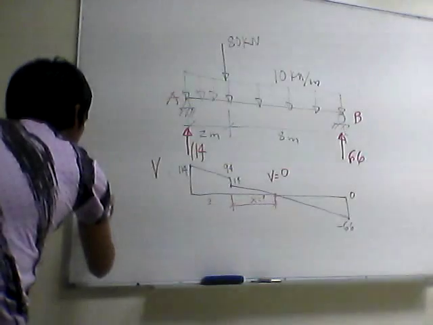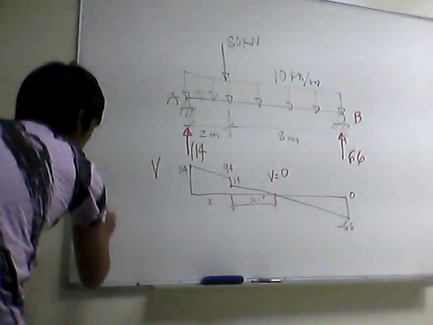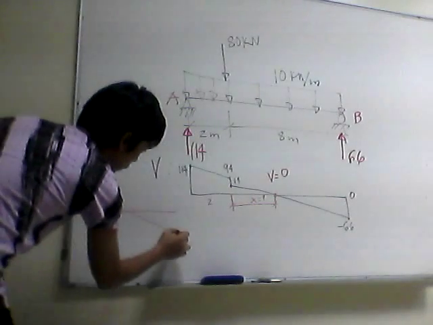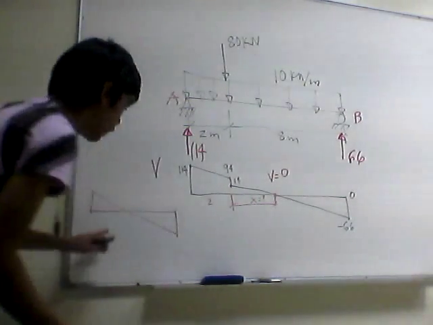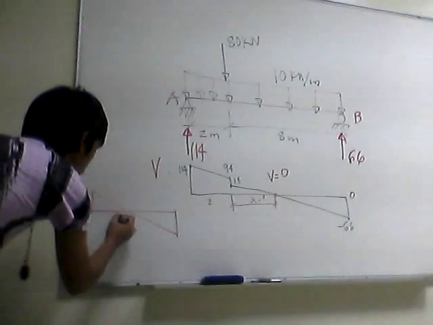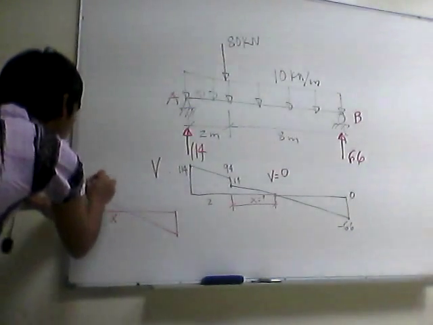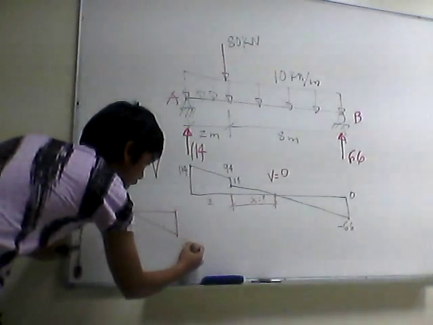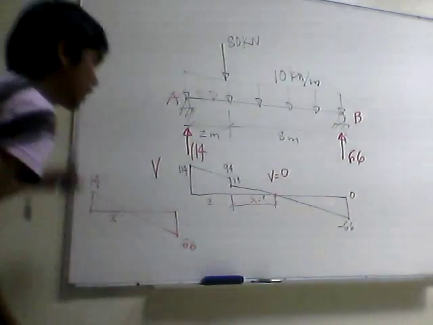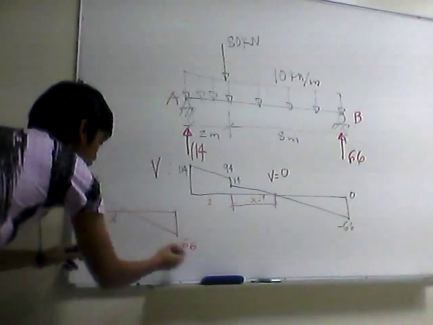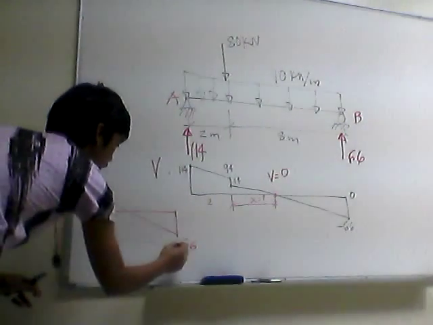For the sake of simplifying the solution in finding the value of x, we have this. This is 14 and this is 66. The whole is 8 meters.